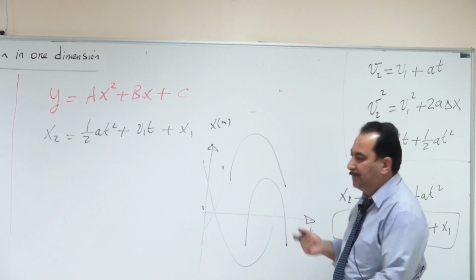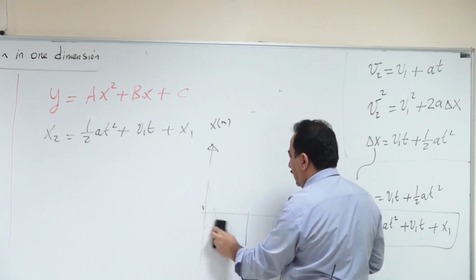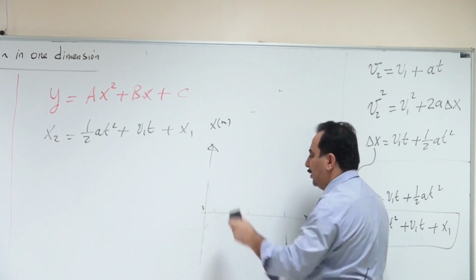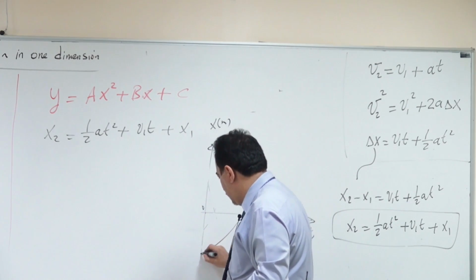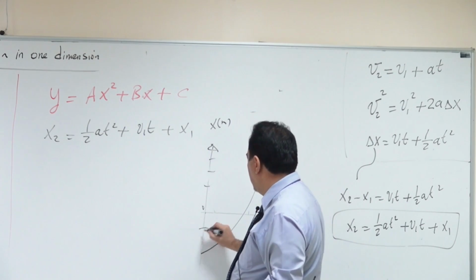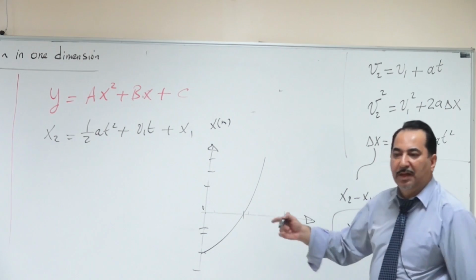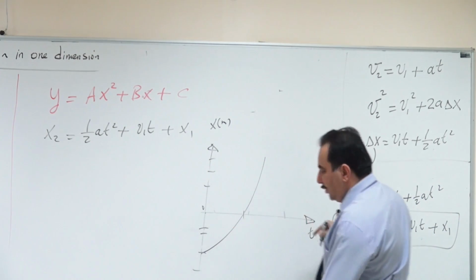Part of it, fine. So sometimes what you see is part of the parabola, like this, like that. And this is the xt function, a parabola.